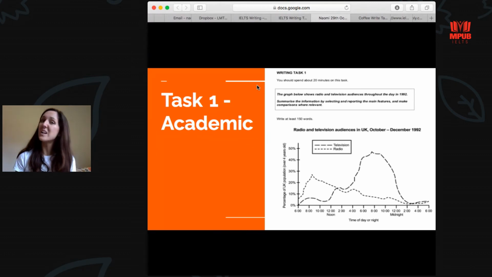It's a bit of a boring topic, but the examiner just wants to see that you have that academic English, that you can use words like whilst, however, considering this, in conclusion, that you can use formal vocabulary to write these kind of reports, which is something you would be doing at university or in a professional setting.